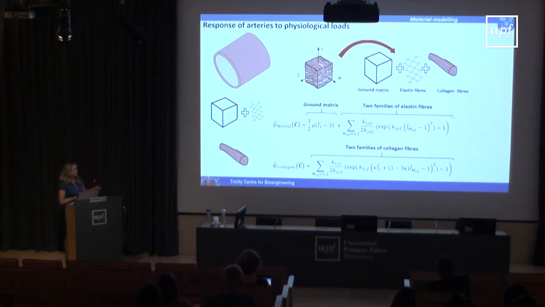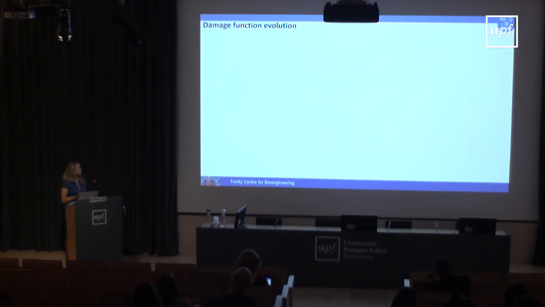But then we have collagen fibres which have a clear alignment, giving rise to this stiffening of the tissue. We use this model, with this matrix, these elastin fibres and collagen fibres, to create a damage model where a damage variable evolves over time. And that damage variable is dictated by these parameters gamma and beta, which are for continuous and discontinuous damage.